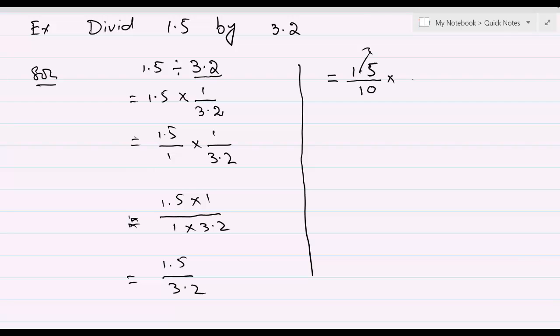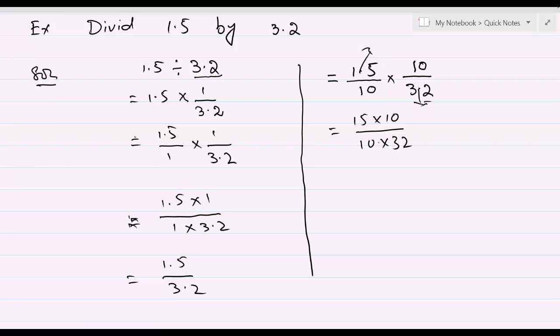Similarly, what was in the denominator? 3.2. If the 3.2 was in the denominator, we can write 1 right opposite to this decimal and then count the number of digits to the right. There is only one digit, so we place 10 here and take away this decimal. And now our question is 15 times 10 over 10 times 32.